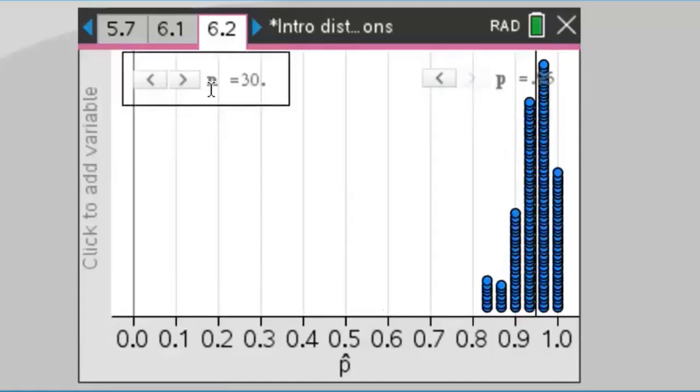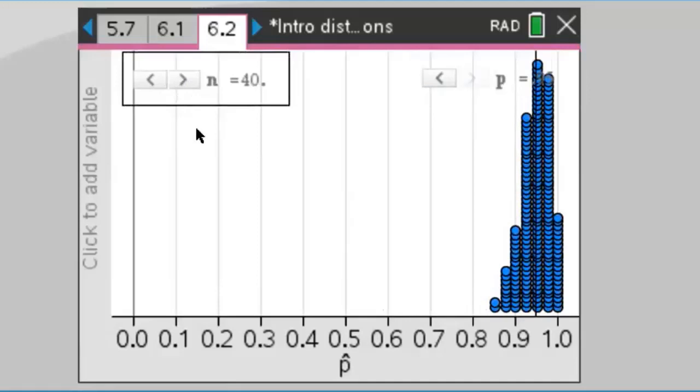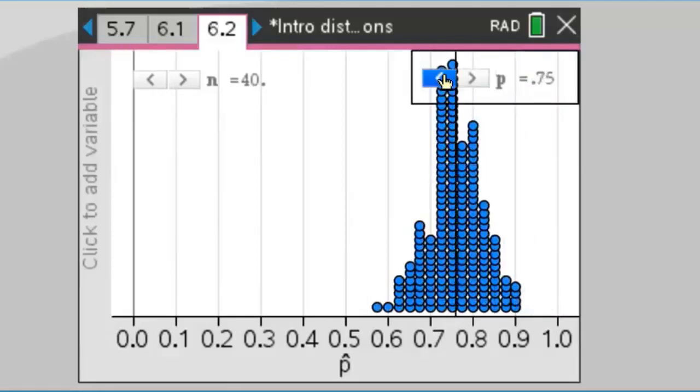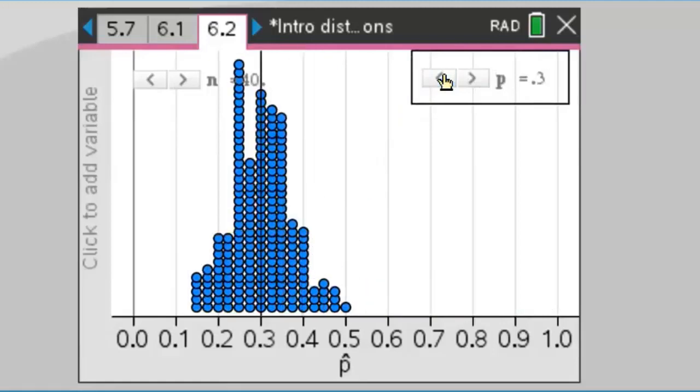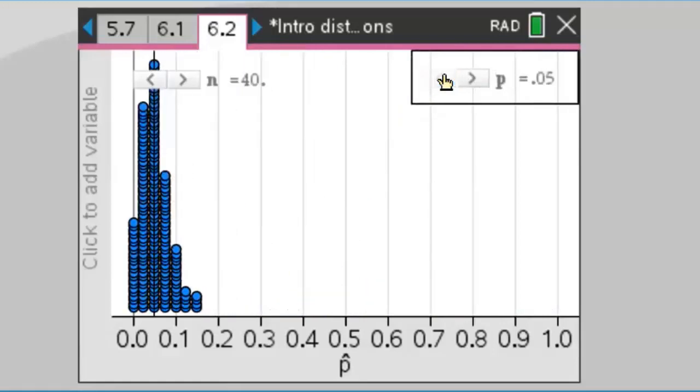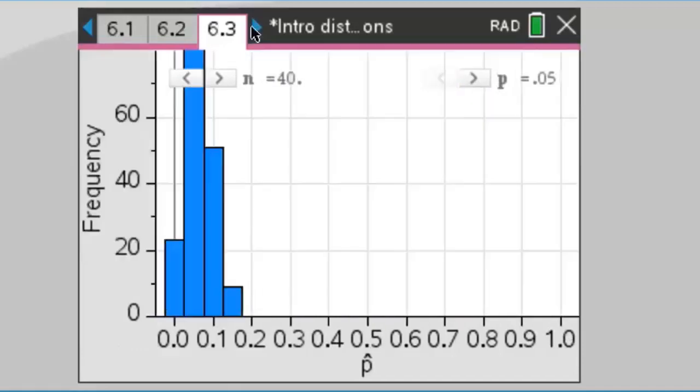Although if I increase the value of n, we see that it's a little bit more symmetrical, but even so, the spread is less. So now I've got a sample size of 40, and you see the similar sort of effect, that the spread is greatest when p is 0.5, and it's also most symmetrical then.